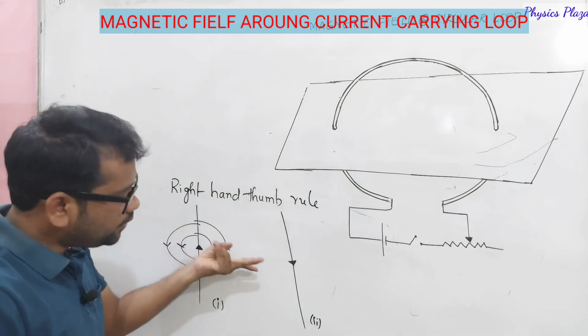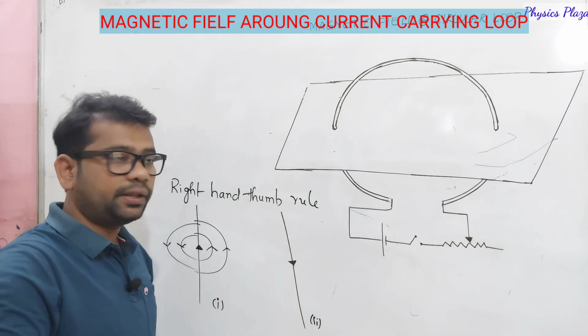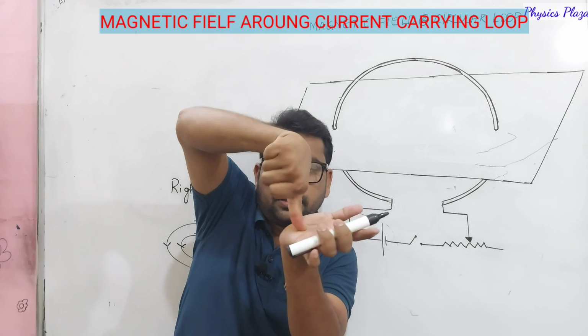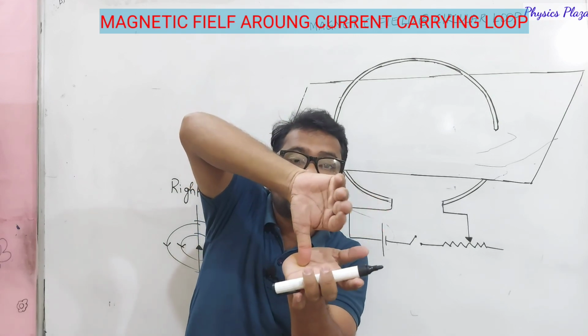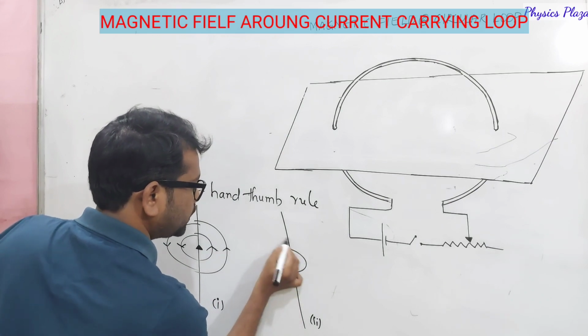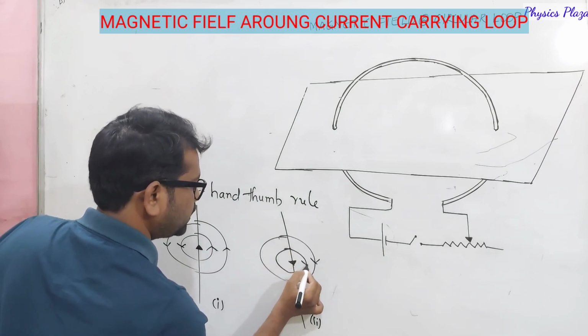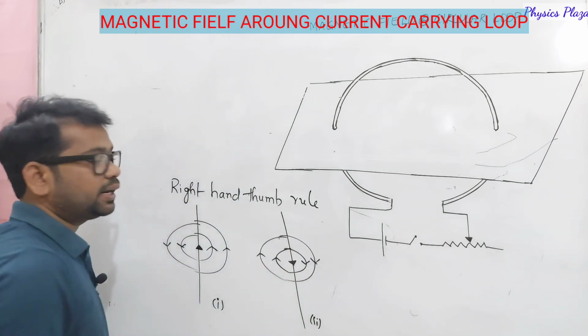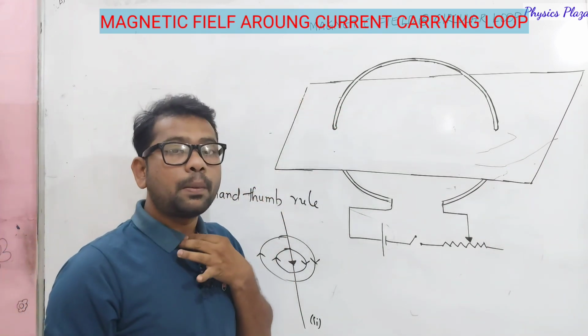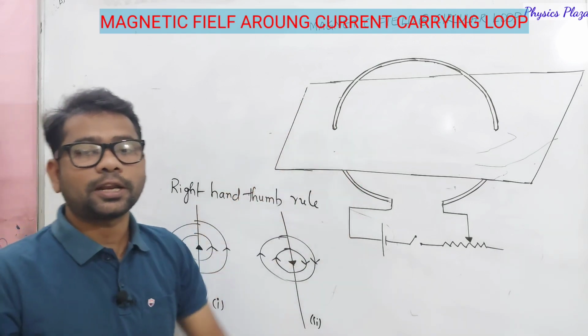Obviously when you reverse the direction of current, that is when current is vertically downwards, in which direction are we closing these four fingers? Clockwise direction. That's it, children, over. This is what the right hand thumb rule actually is. Now the same concept we are going to use to understand the magnetic field around the circular loop.